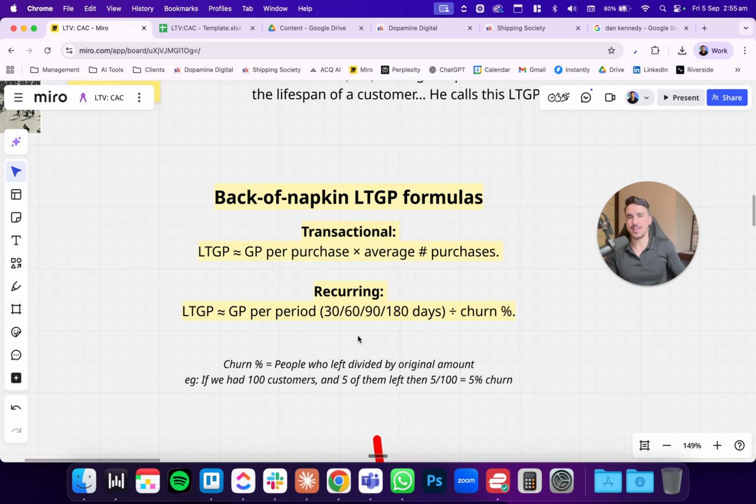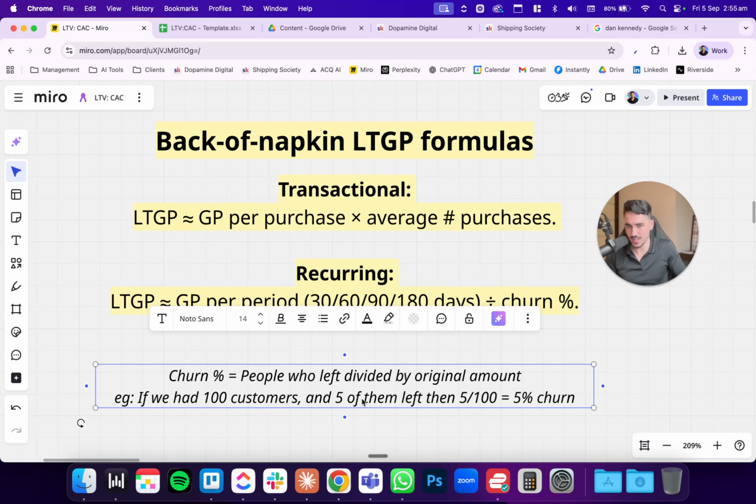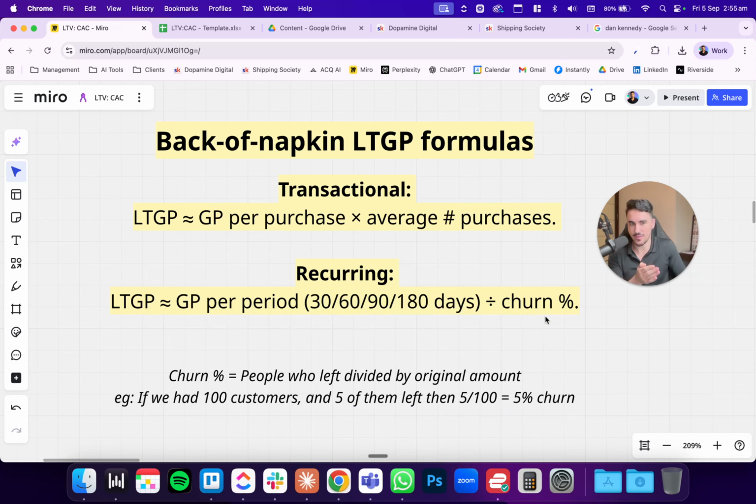So let's say you've got $3,000 gross profit every 30 days, divided by churn. If you've got 100 customers and 5 of them left, then that's 5 divided by 100 equals 5% churn. You just plug that 5% churn in here, and then you go $3,000 over this period divided by churn.